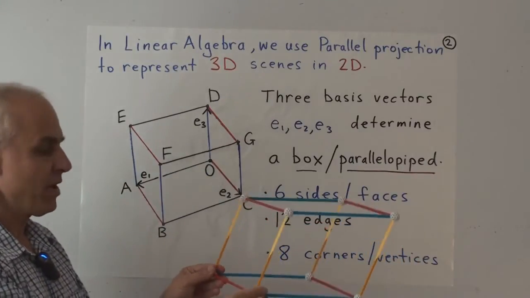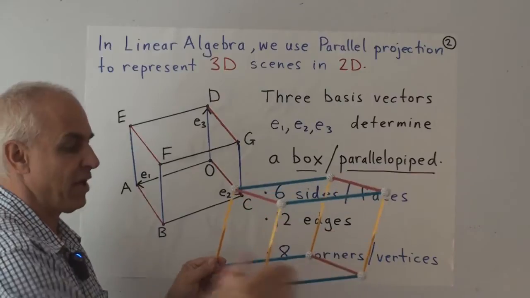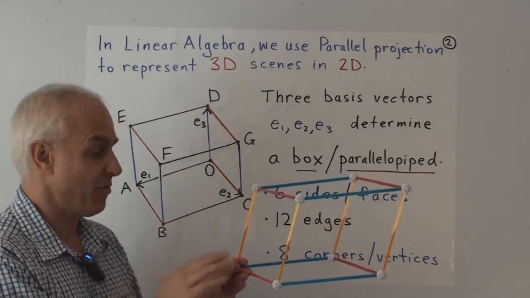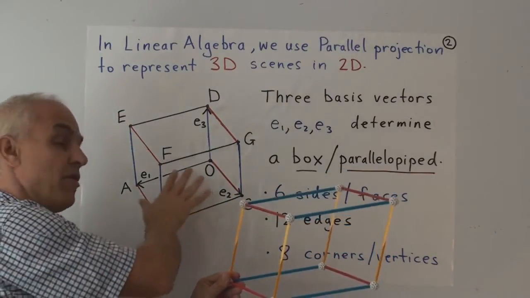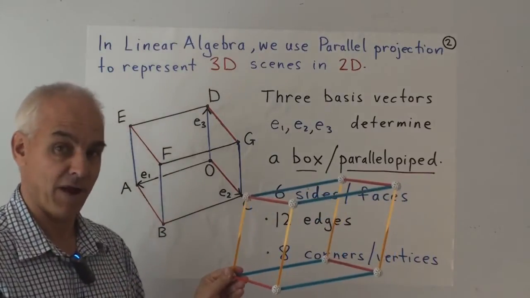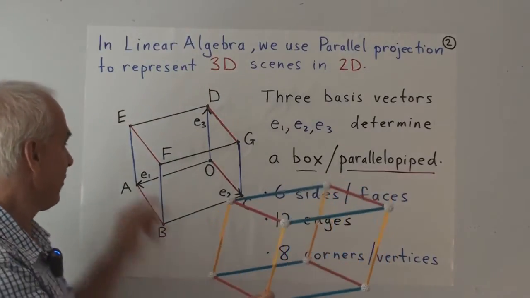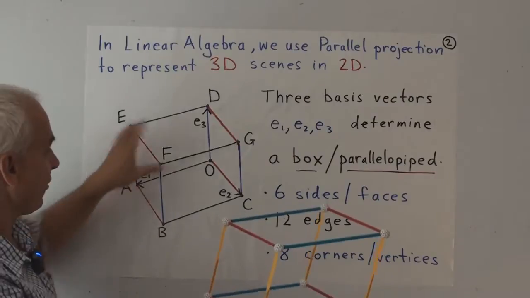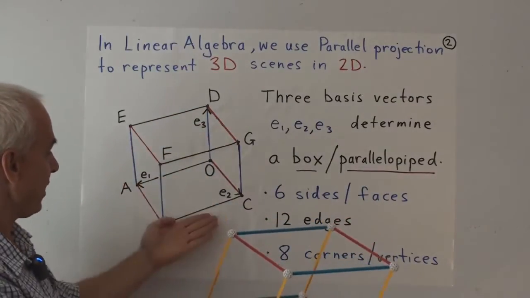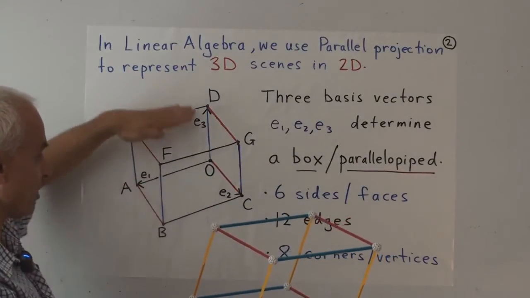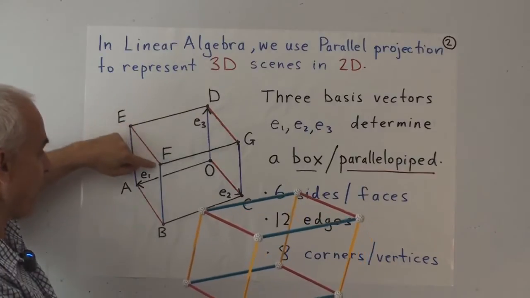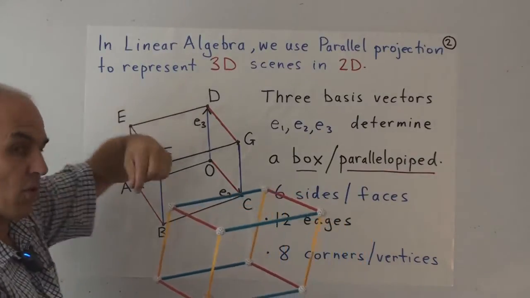Okay. So the various parallelograms representing the sides of the box are represented here on the page also by parallelograms. So there's one side, there's the opposite side there, there's the bottom of the box, there's the top of the box. You should think of this point F as being towards you.